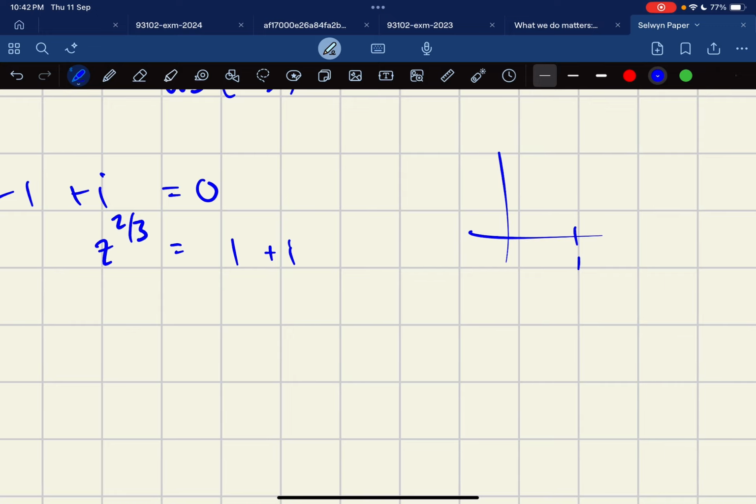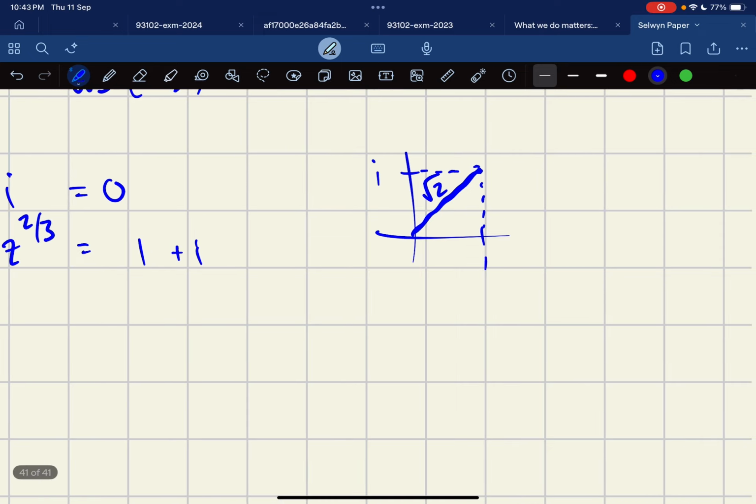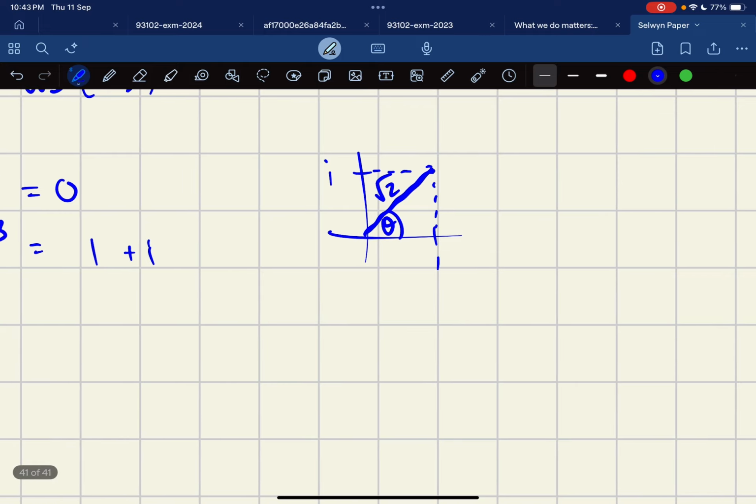This is at 1, and this is at i, so over here. It's got a height of 1 and a horizontal distance of 1, so the length is the square root of 1 squared plus 1 squared, which is root 2. And the argument here is going to be just pi over 4.